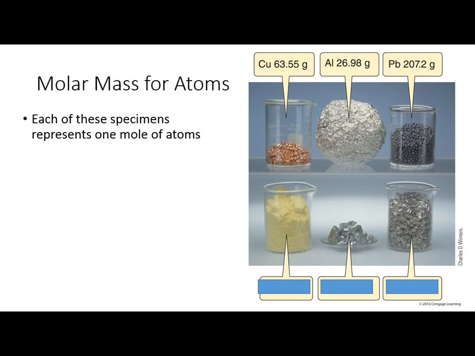Lead, pretty heavy, 207.2 grams per mole, its molar mass. Sulfur, 32.07 grams per mole. Magnesium, 24.31 grams per mole. And chromium, 52.00 grams per mole. All of those numbers are the decimal numbers for those elements, and they're also their molar mass.